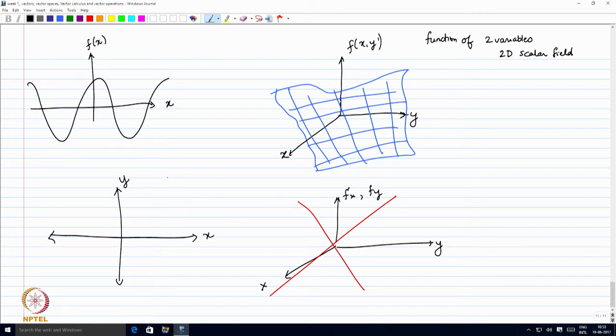So if you want to show f vector of x y, okay, then all you have to do is you take any point x y. Okay. So, let us say you take this point x y, and I will show it in blue, and you will have some vector. You take some other point, you have some vector. So, it has both a magnitude and a direction. Some other point you might have a vector like this.